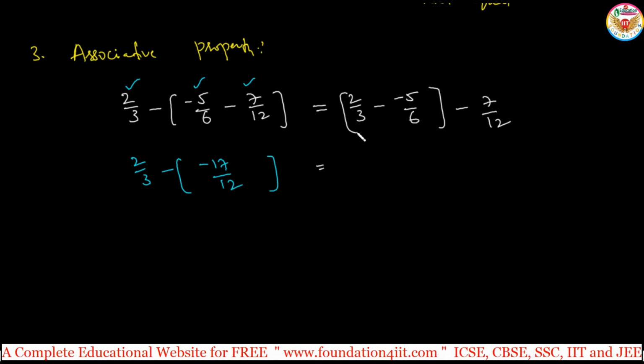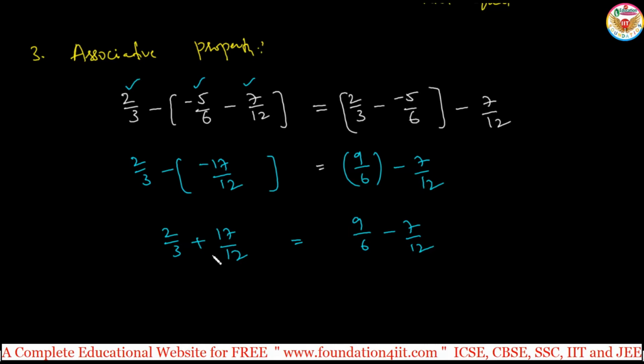Then 2 by 3 minus of minus is a plus, so 2 by 3 plus 5 by 6 is 9 by 6, minus 7 by 12 as it is.